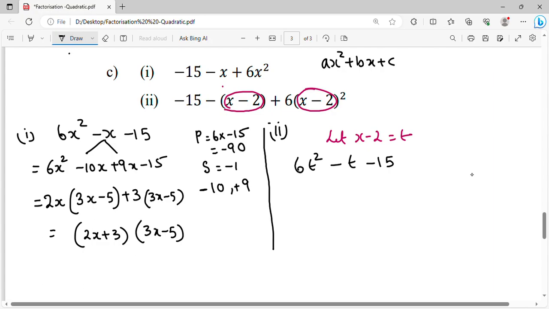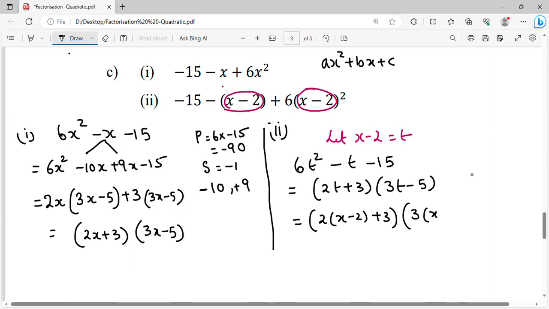So my product is the same thing, negative 90, and negative 1 holds the same, but only these factors are replaced by 2t plus 3 bracket 3t minus 5. Alright, but since your question is in terms of x, this becomes 2 bracket x minus 2 plus 3 bracket 3 bracket x minus 2 minus 5.